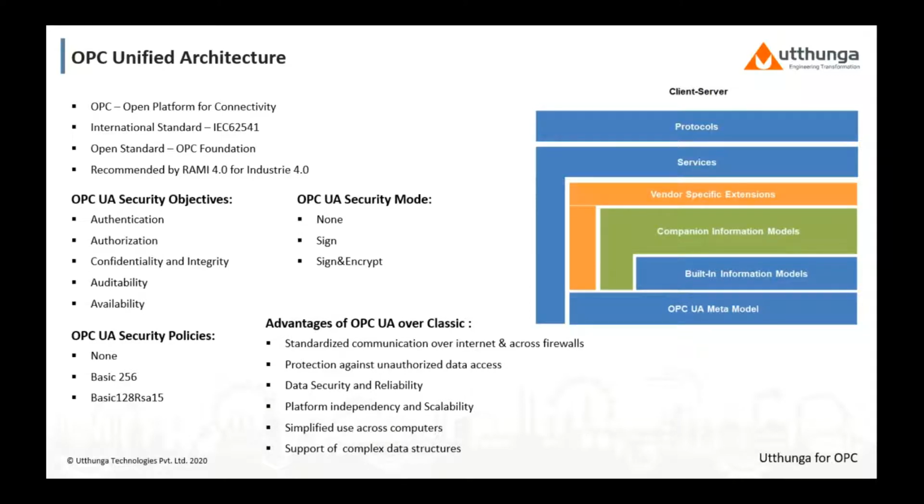It also provides confidentiality and integrity with security features like security mode and security policies, and encoding technology to avoid tampering with the data. It also supports auditability and the availability of the data and the server all the time.